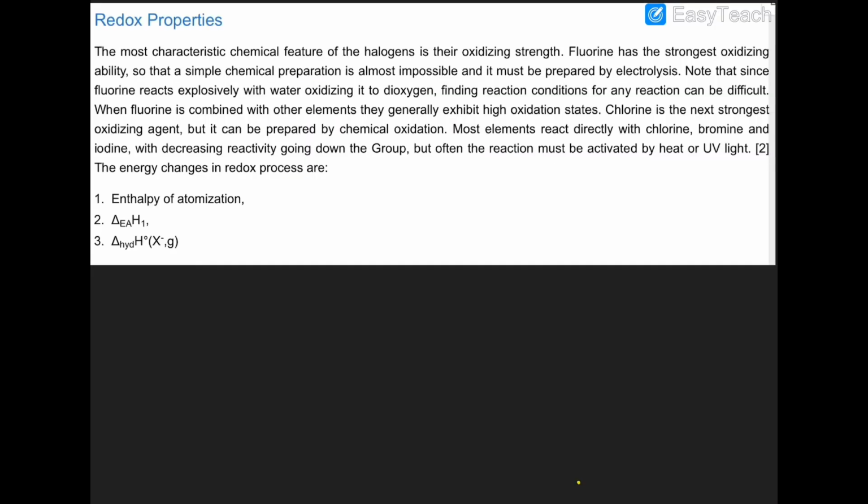Now the redox properties of an element depend upon three factors. What are those factors? Enthalpy of atomization, electron gain enthalpy, and hydration enthalpy. Now what are the steps involved? Let us suppose A2 is a halogen. The first will be the breaking of the bond, so you have formation of atoms.